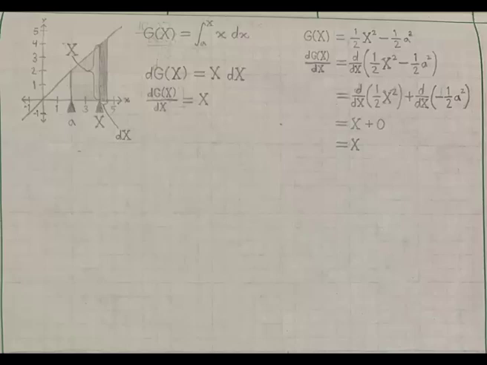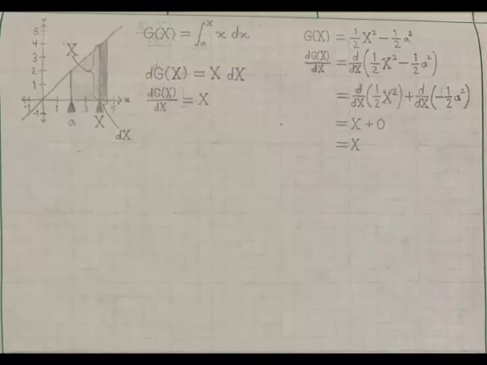Earlier, we found that big G of big X equals 1/2 big X squared minus 1/2 a squared. So the derivative of big G of big X with respect to big X is the derivative of 1/2 big X squared minus 1/2 a squared with respect to big X. We'll split this derivative into two terms using the sum rule.